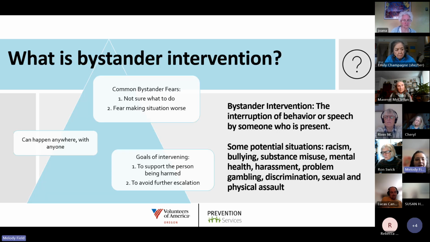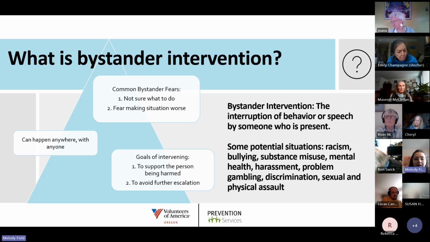And so with bystander intervention, we are trying to interrupt a behavior of someone who is being harmful to others. Some situations where you'd want to intervene could be racism, mental health, harassment, discrimination. But there are fears that bystanders have, which is not being sure of how to intervene, which contributes to that bystander effect, and worry that you'll make the situation worse.